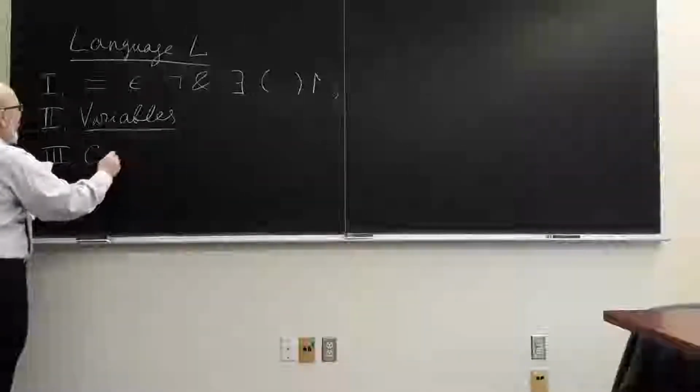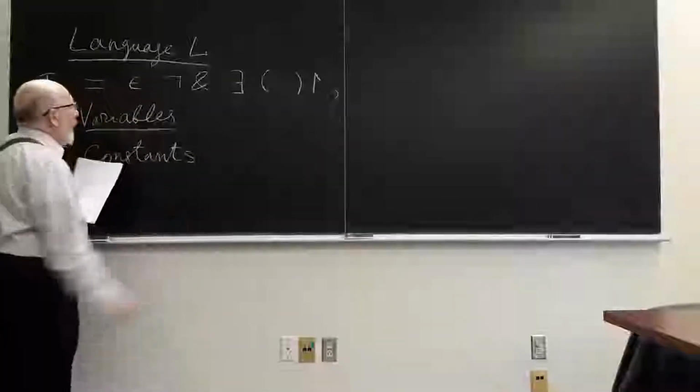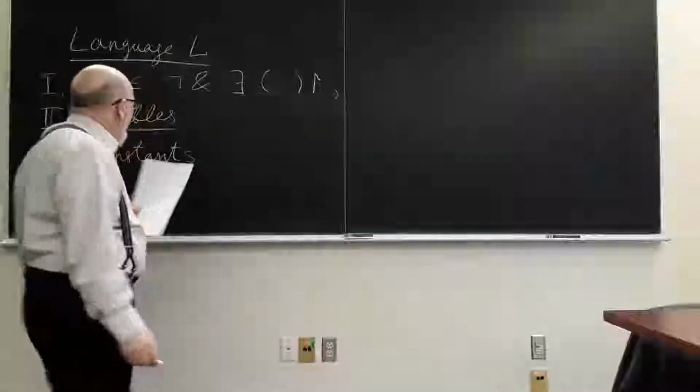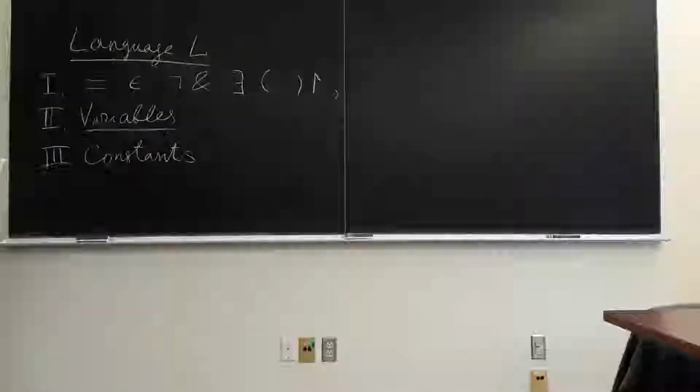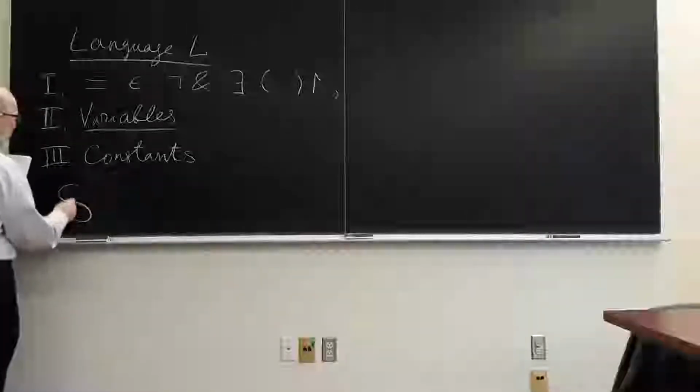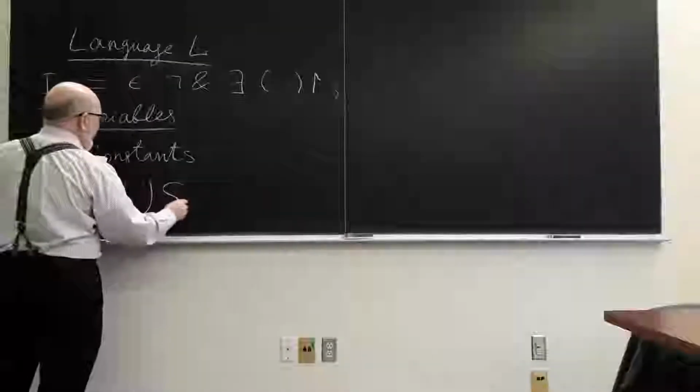And third, there are constants. It is more serious. Constants are not individual names of different elements of our superstructure. So we have a superstructure S is union Si.